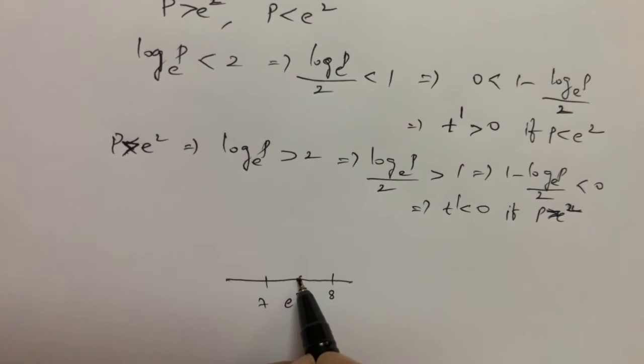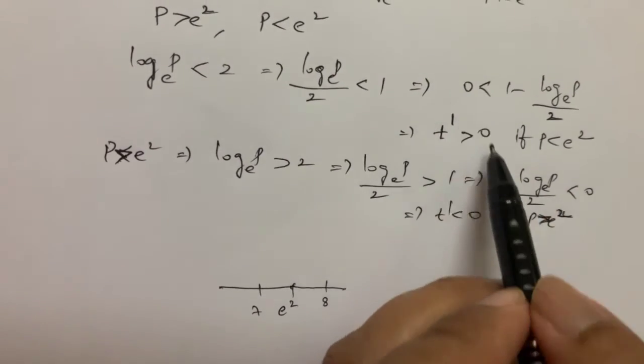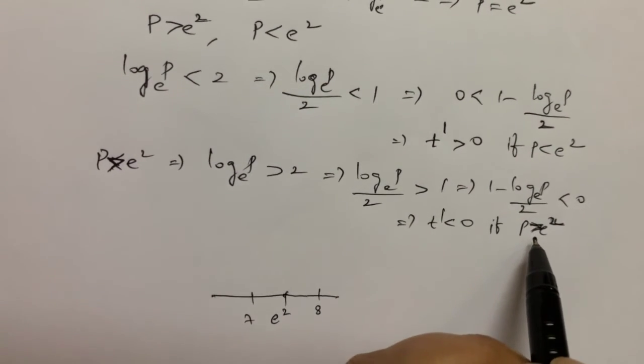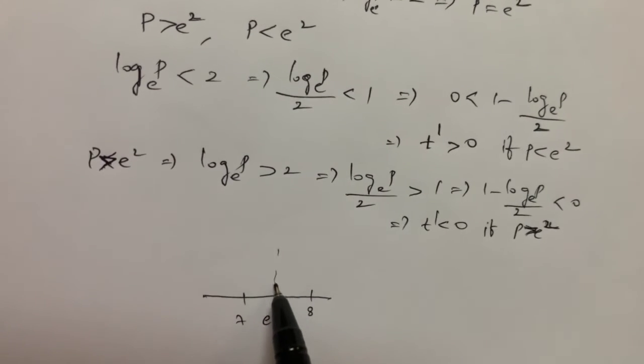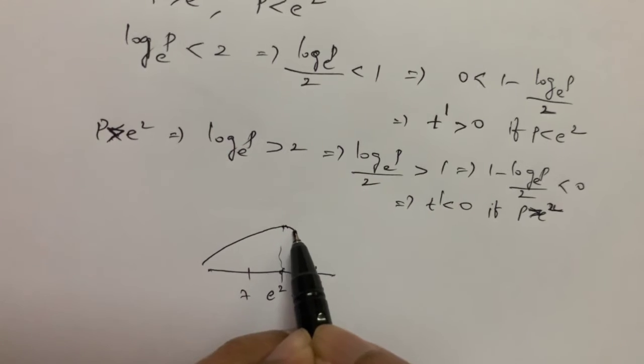Till e square the given function is an increasing function. After e square it is a decreasing function.